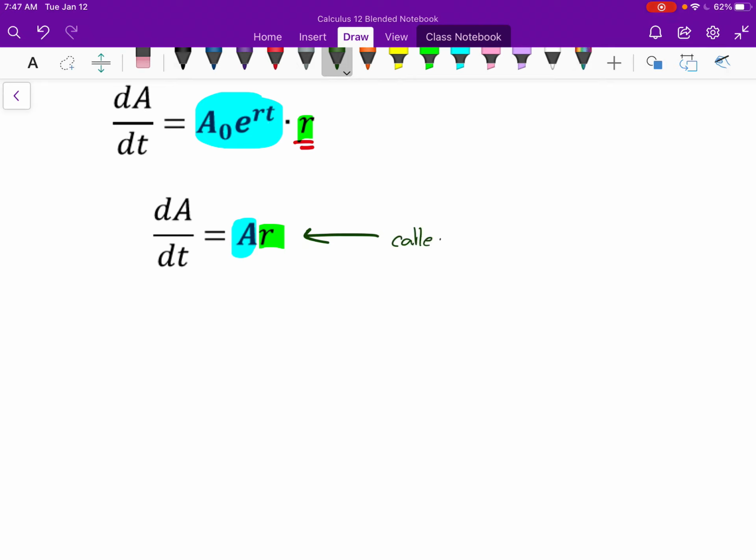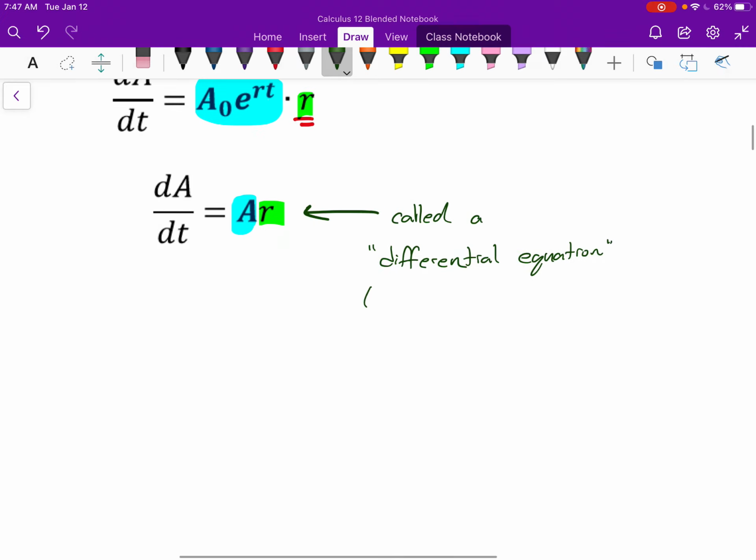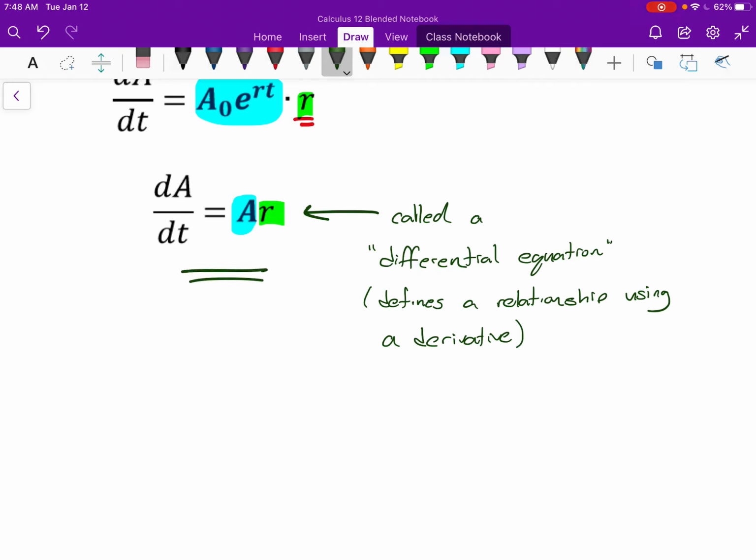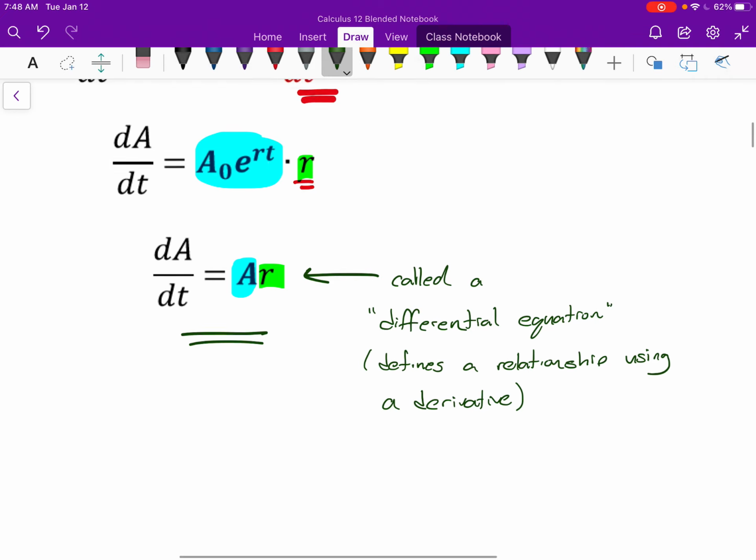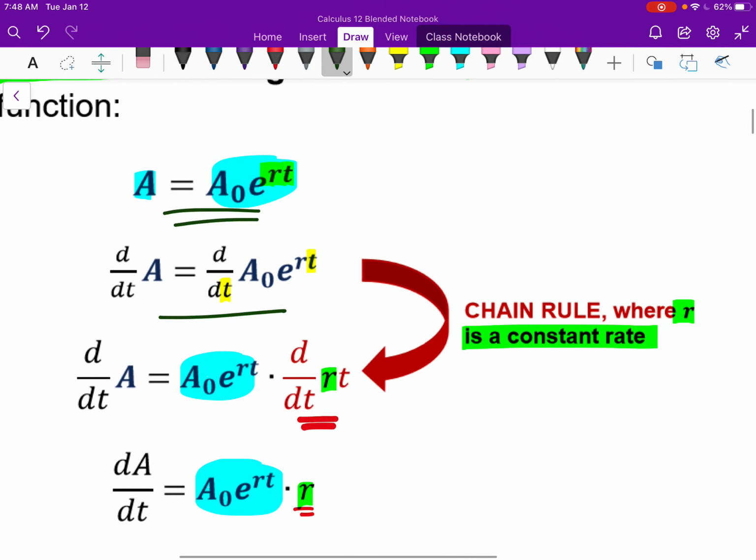It's called a differential equation because we're defining a relationship using a derivative. So essentially, when dealing with exponential functions, quite often they're defined in this form going forwards, as a derivative, because in many ways that equation is simpler than the equation up here.